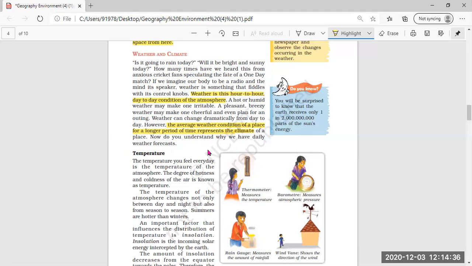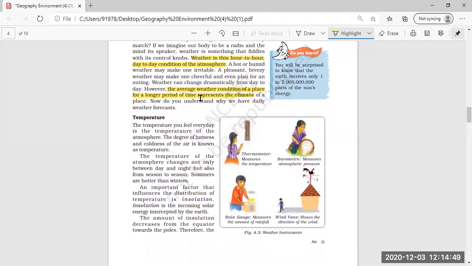Now, do you understand why we have a daily weather forecast? Because the weather changes daily. Sometimes it is hot, sometimes it is cold, and that is why weather is termed the hour to hour and day to day condition of the atmosphere. When the weather condition remains the same for a longer period, it is termed as climate.